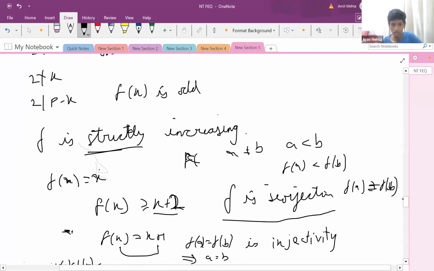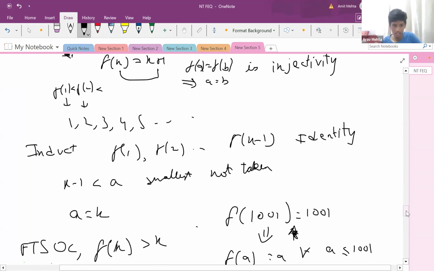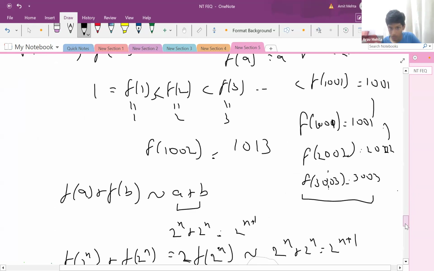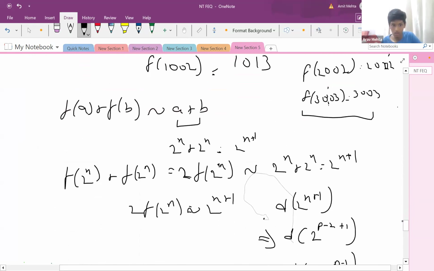We use that to get that f is strictly increasing. Then we remark that we inducted on k minus 1 again, and we found that f of 2 raised to n plus f of 2 raised to n, that is 2 times f of 2 raised to n, has the same number of prime factors as 2 raised to n plus 1.